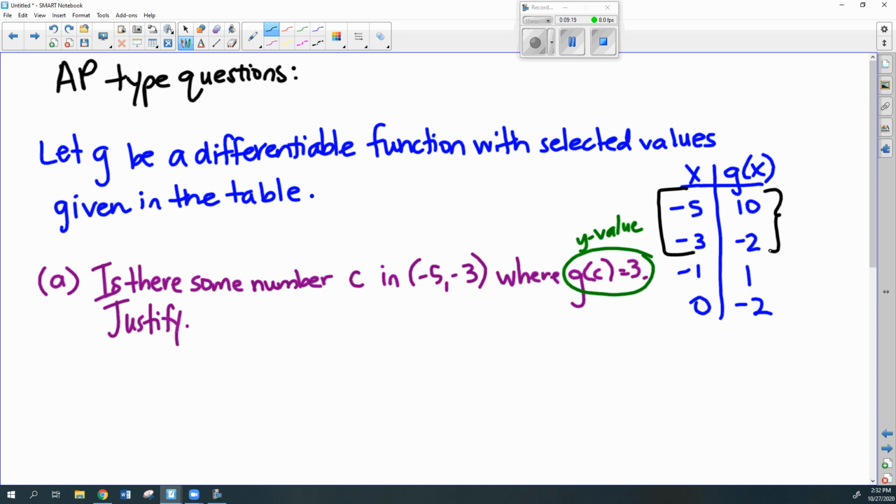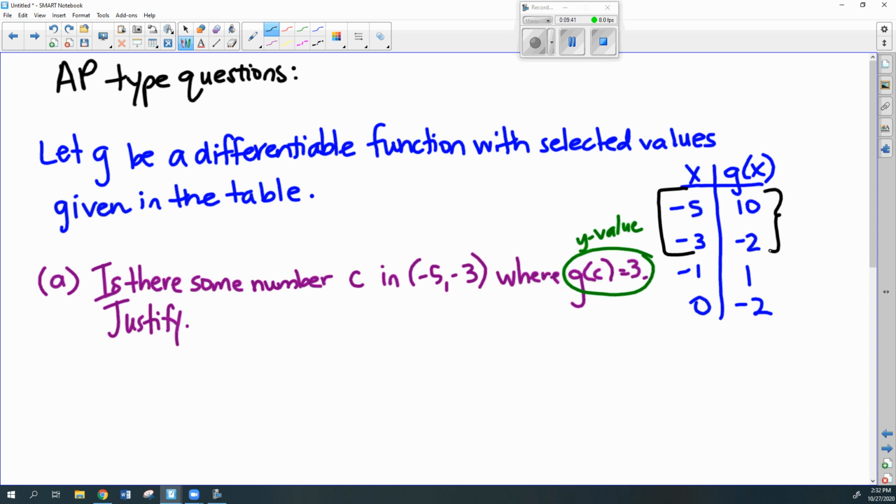And it looks like there is, based on the table. But your justification has to prove to me, how do you know that? And the proof is going to be a theorem. Now, because this doesn't say anything about a derivative, you should be thinking intermediate value theorem.